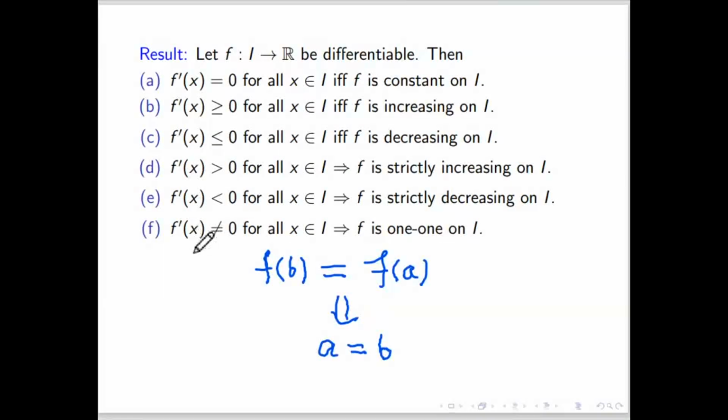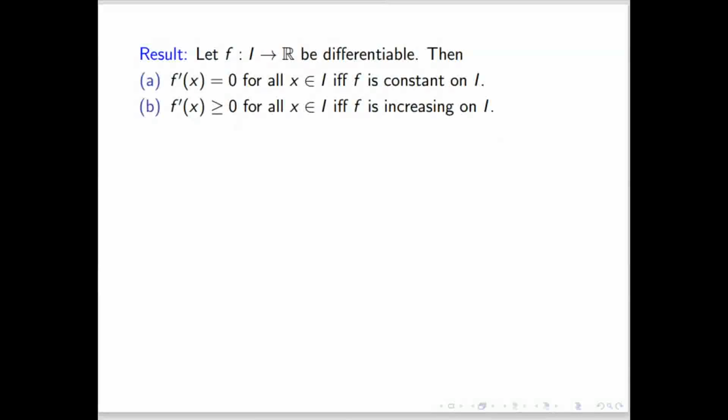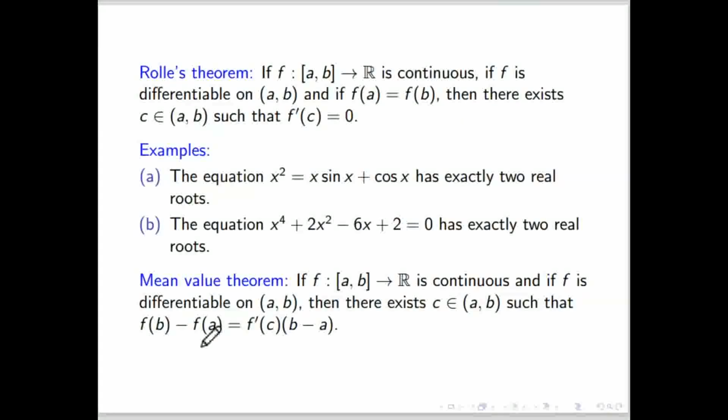So if it is written that the derivative is non-zero, that implies that the function is 1-1, and it is coming from the mean value theorem. So if we assume f(b) equal to f(a), then we have to show that a equal to b. What the mean value theorem says is, see, if f(b) equal to f(a), this side is 0, and here b minus a. If the derivative is non-zero, then the right hand side is 0 only when a equal to b.